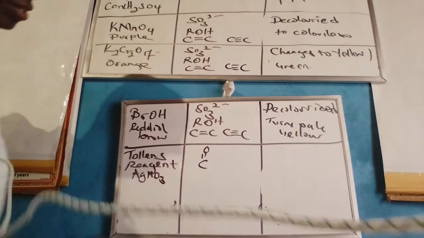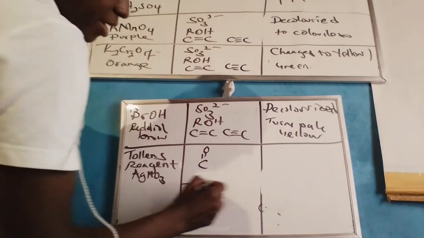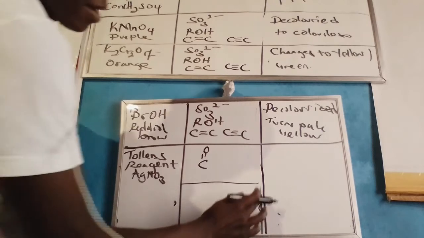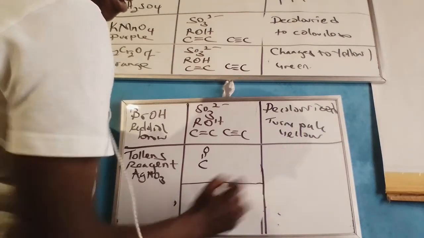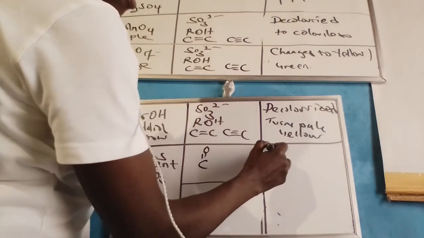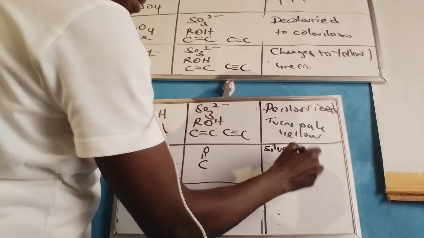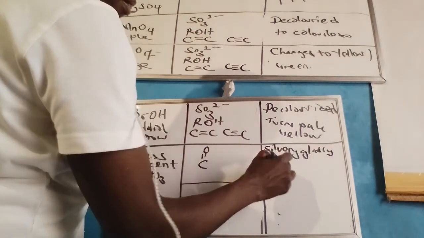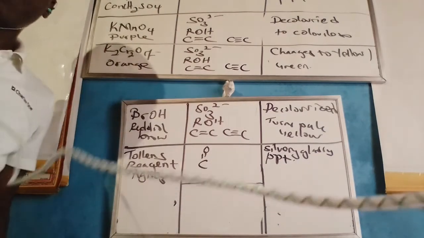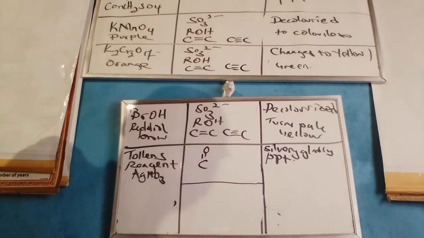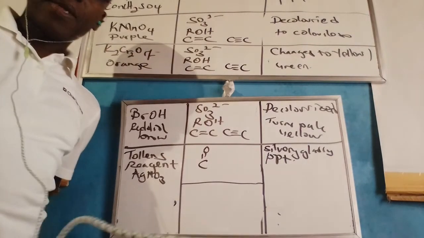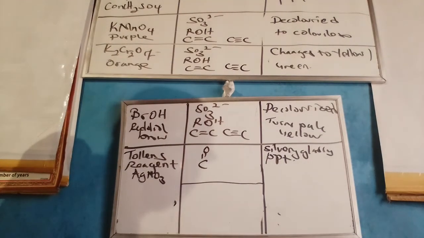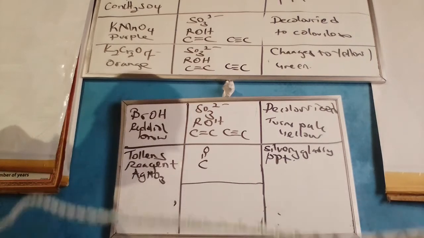Now the Tollens reagent with the carbonyl will give us a silvery glassy precipitate. Now this is true only in respect to aldehydes, which are the primary carbonyl carrying molecules. However, when it comes to the other secondary carbonyl molecules, it will give a negative test result in the sense that there will be no reaction.